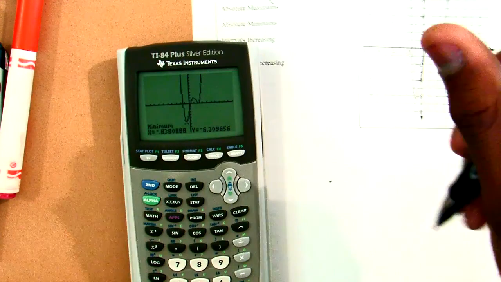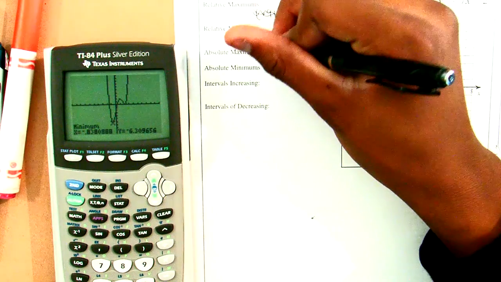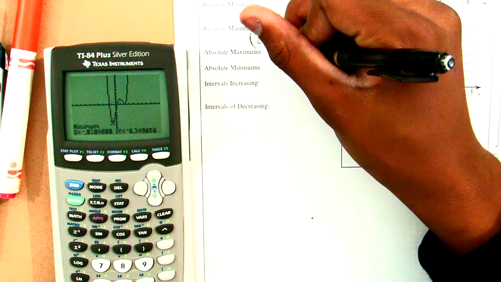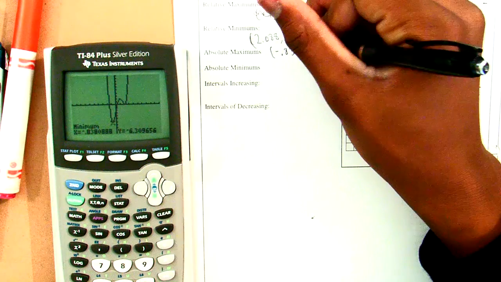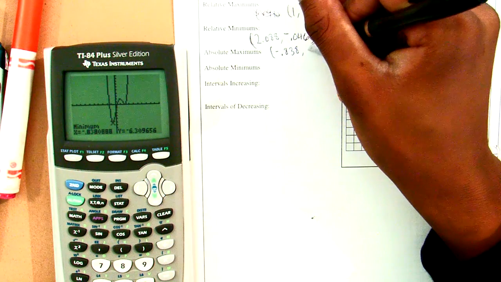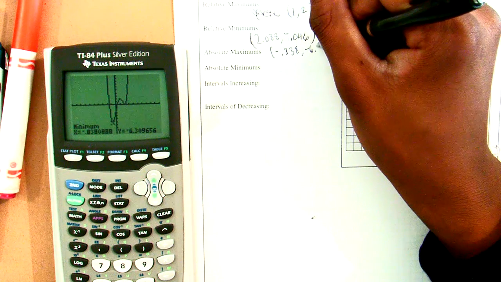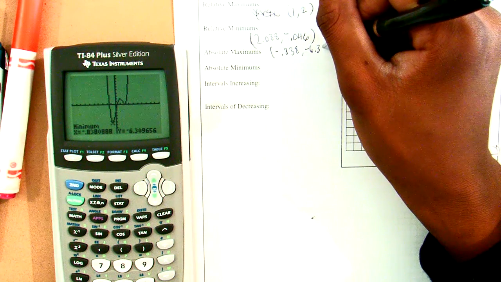So the second relative minimum is negative 0.838. And you're rounding to the thousandths, correct, John? Yes, sir. Okay, rounding to the thousandths.